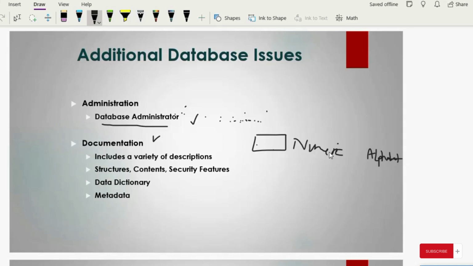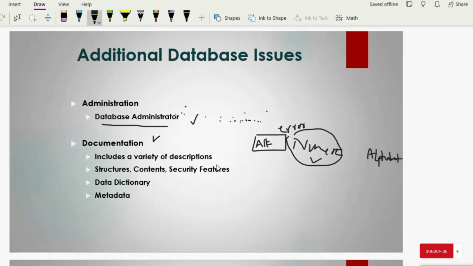Its description will be stored in the documentation of the database. So if somebody tries to write an alphabet or a special character, an error will be generated. Why? Because its description is stored as numeric.